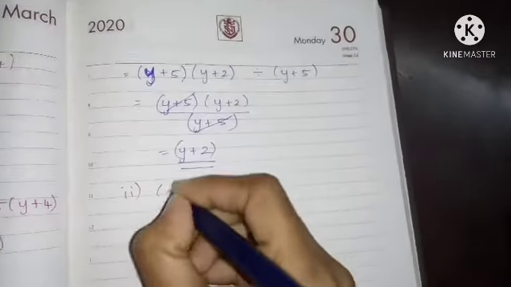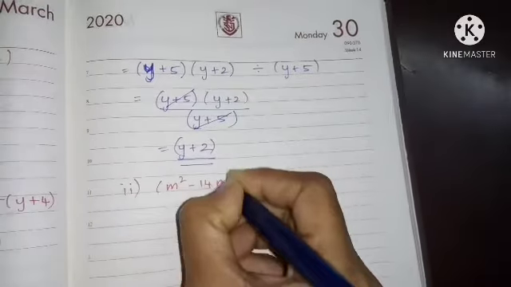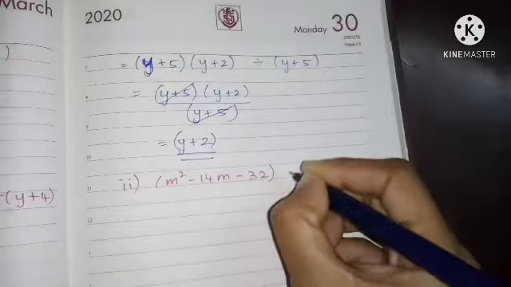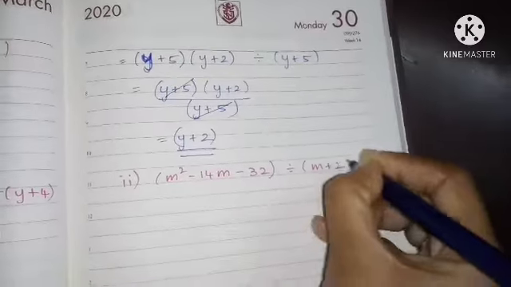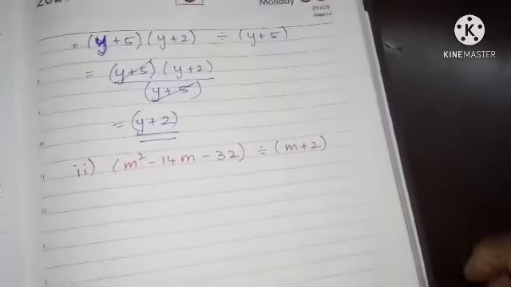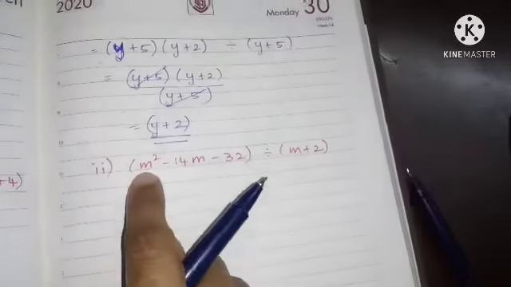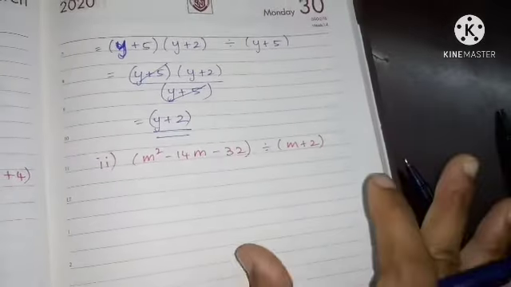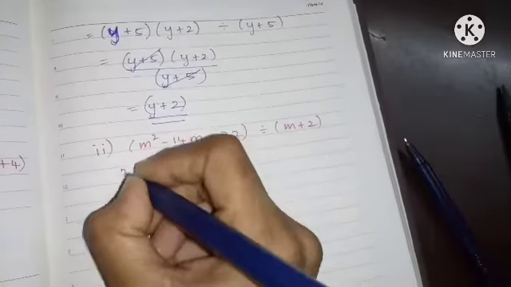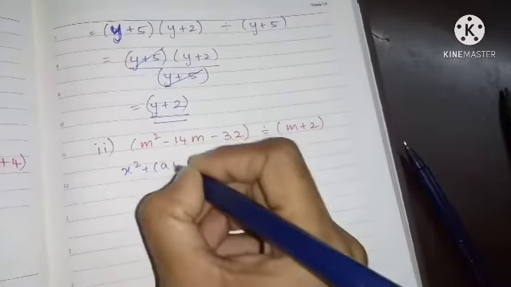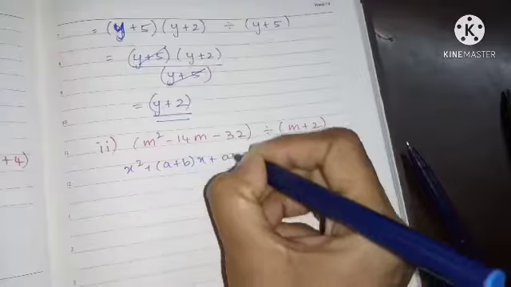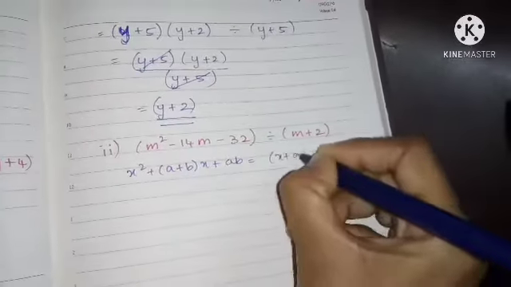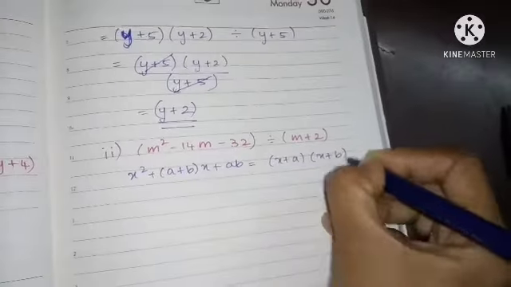Next, second problem: m square minus 14m minus 32 divided by m plus 2. Here also we are supposed to use the identity. Here m square is a perfect square, but 32 is not a perfect square. So x square plus (a plus b) into x plus ab is equal to (x plus a) into (x plus b).